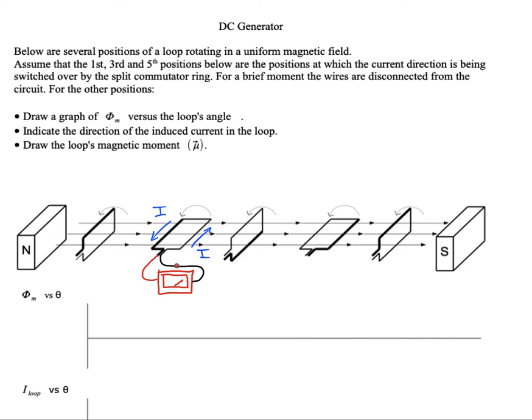But the split commutator ring stops the red lead from always being attached to the same side of the loop. So whereas the current is counterclockwise in this case, the current is still counterclockwise over here. So our galvanometer is always deflected to the right.